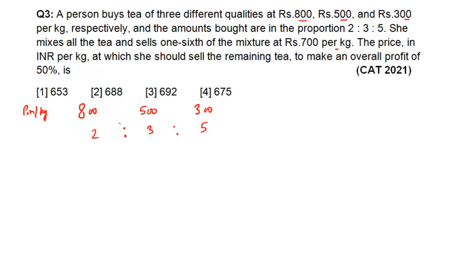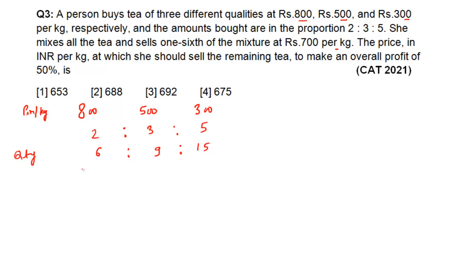To make the calculation simpler, and so I do not have any fraction, the same ratio can also be written as 6:9:15. I have just multiplied this by 2. So basically I am assuming the first variety of tea is taken as 6 kg. So the quantities taken are 6 kg, 9 kg and 15 kg, having the same ratio.